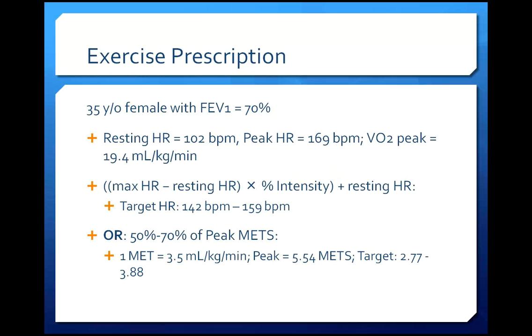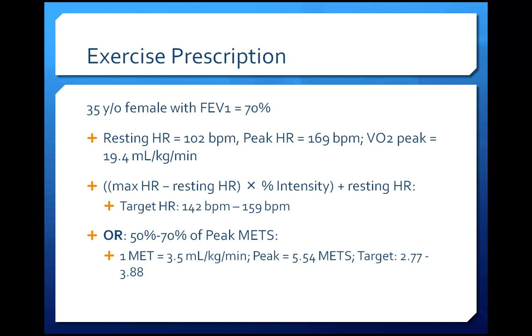So we had several patients in our clinic who went through a cardiopulmonary exercise test. They're both women with cystic fibrosis. This one had an FEV1 of 70%, so a mild limitation. Her resting heart rate was 102 beats per minute.